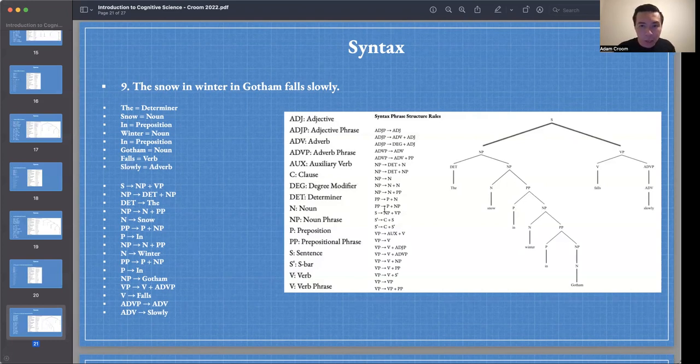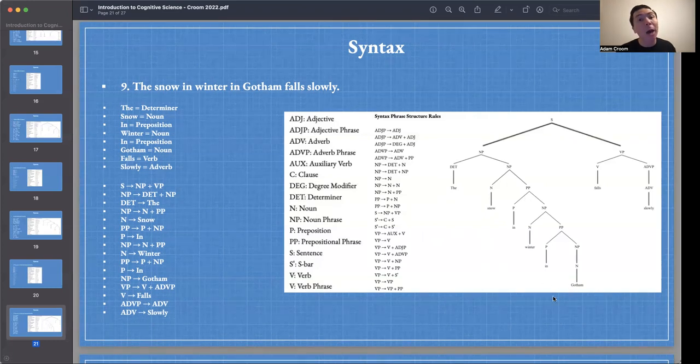So that gets us here. And what's cool is now that NP can take an N and a PP again, right? So we can keep applying this if we want to, which I think is really fun, okay? But just to keep this within sanity level for today, we'll just stop right here.